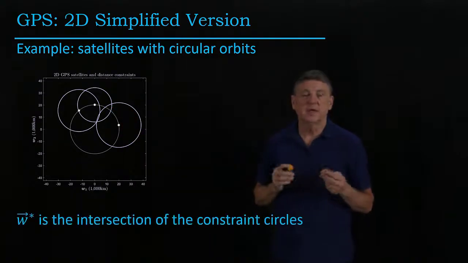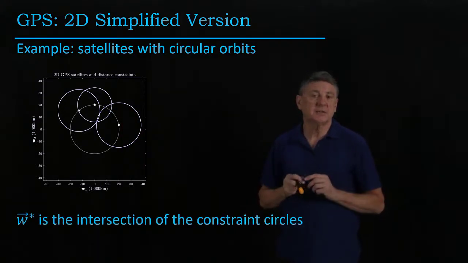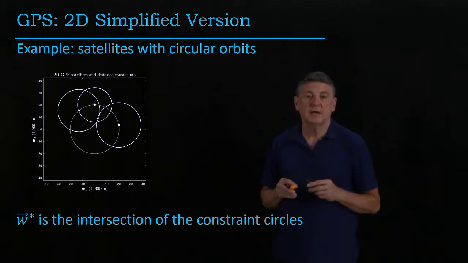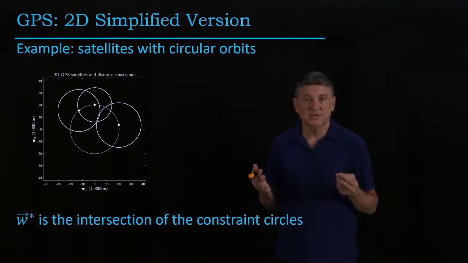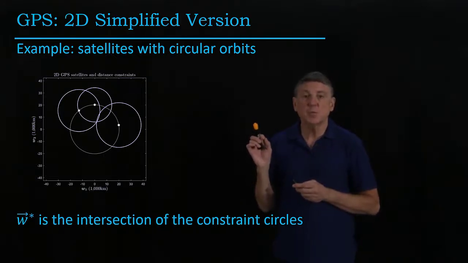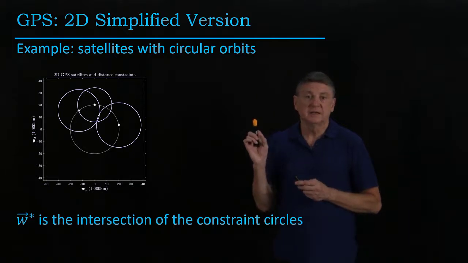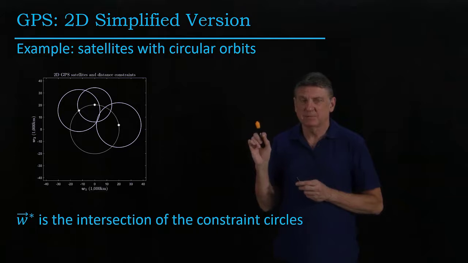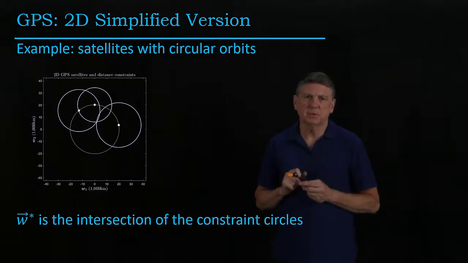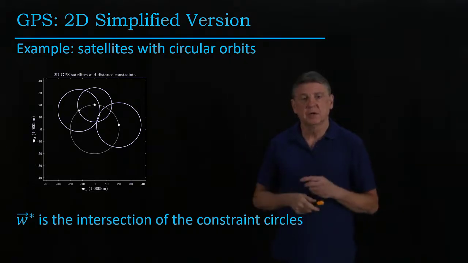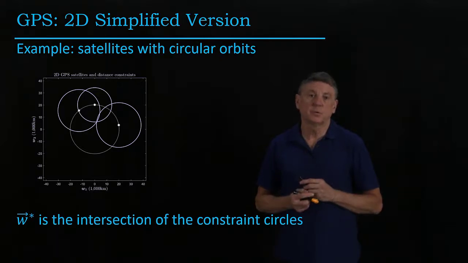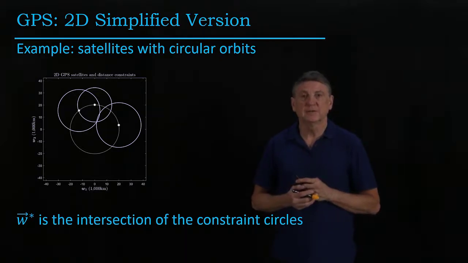And the receiver, in an ideal situation, is at the intersection of the constraint circles, and for an approximation, the receiver is somewhere near where these circles don't exactly come together. So this is an example of an optimization problem, and in the next sessions we'll formulate this as a nonlinear least squares problem.